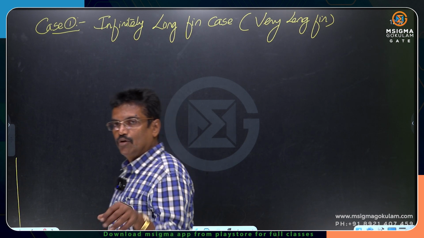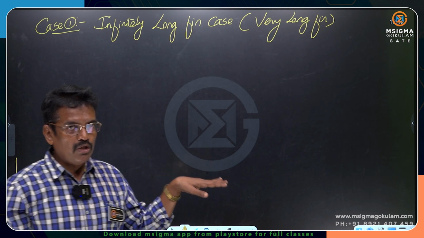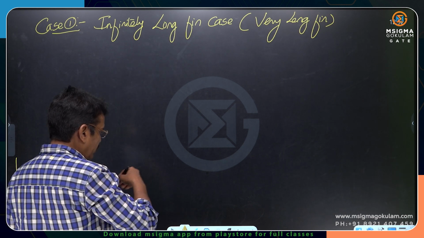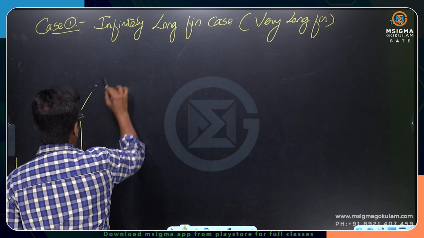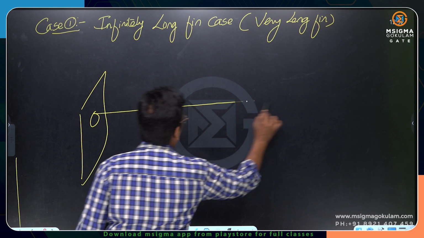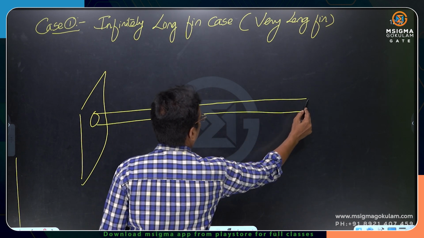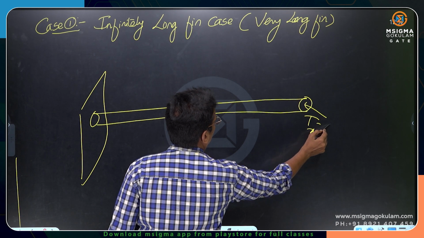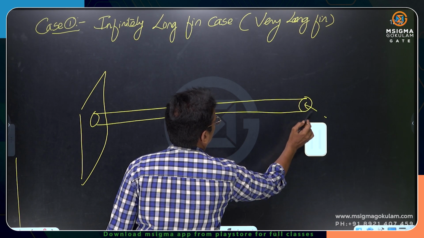Use this case only when it is mentioned in the problem that it is a long fin. When the fin is very long, what is the temperature at the tip of the fin here? It is the same as the temperature T infinity.